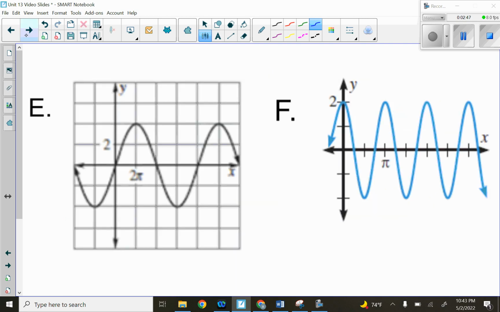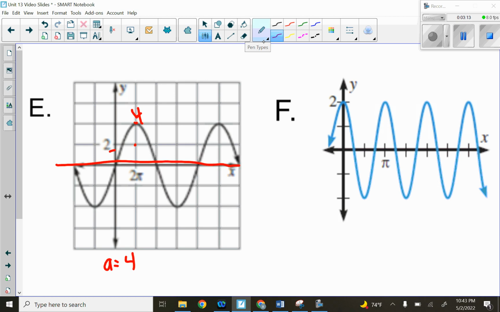So from looking at a graph, remember our amplitude is from our midline to the highest point. So in this case, this is 2 and 4. So amplitude is 4.